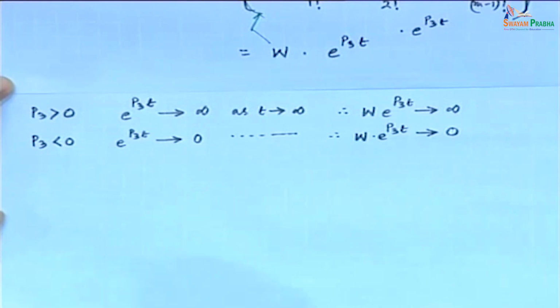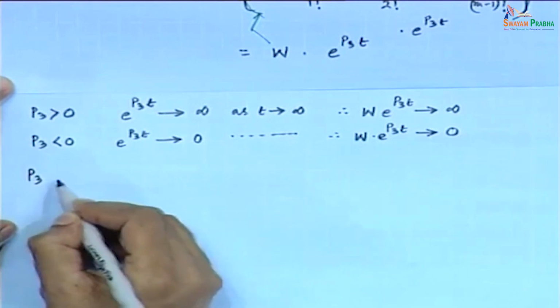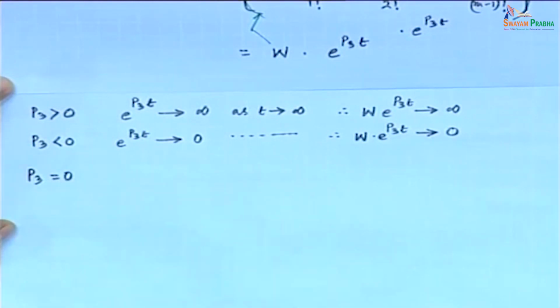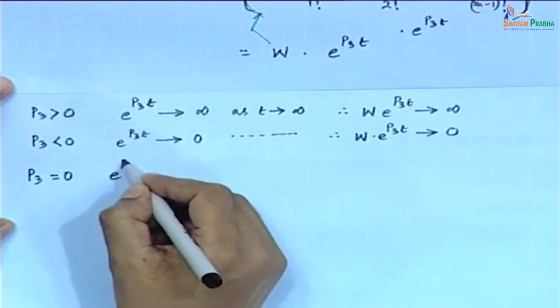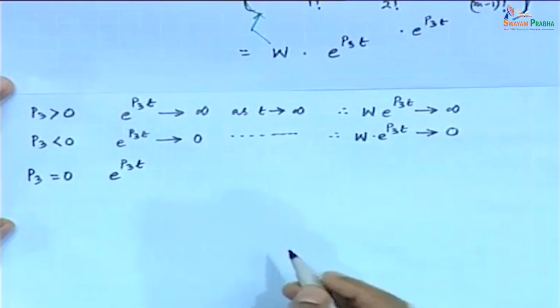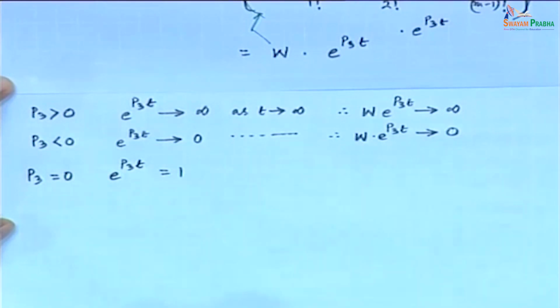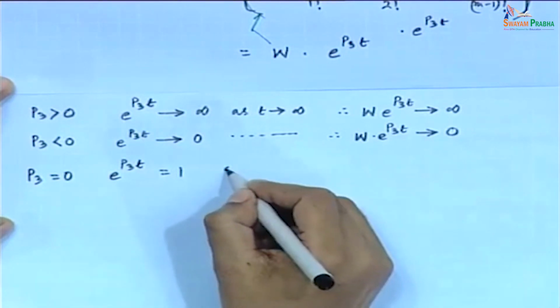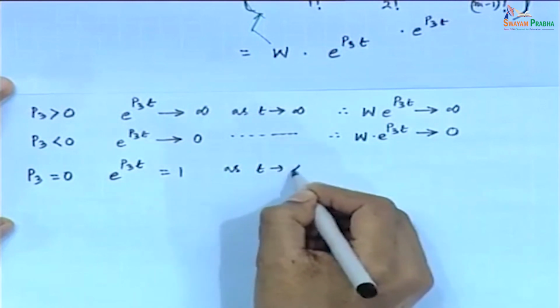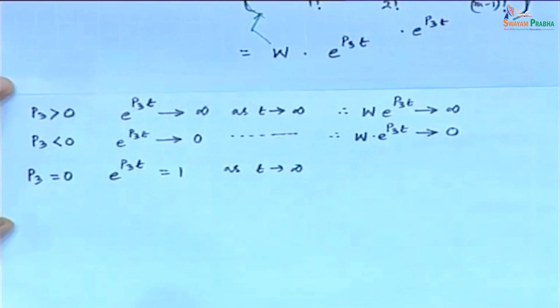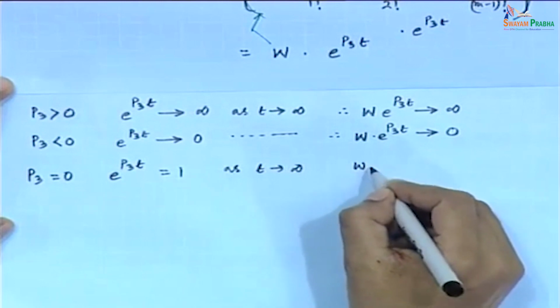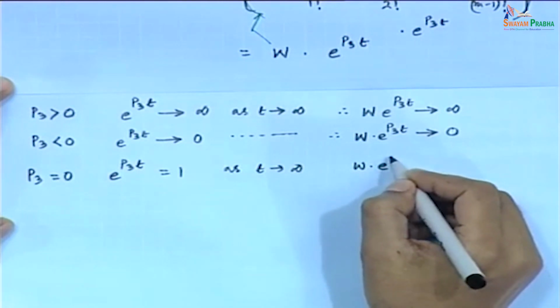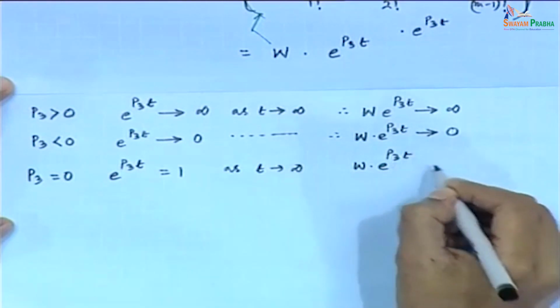Fine. And in the third case, if we consider P 3 equal to 0, exponential of P 3 t becomes unity, becomes 1 as t tends to infinity. So, what about this W multiplied by exponential of P 3 t?